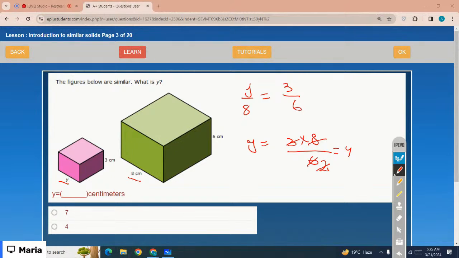The correct option is 4 centimeter. Let's just move on to next one.